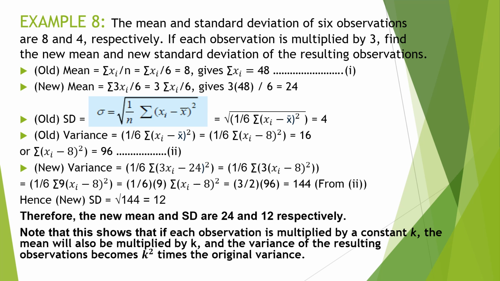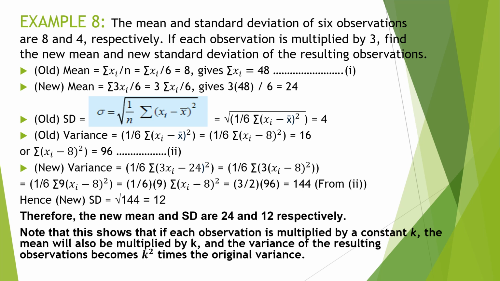So it is 1 upon 6 into 9 into sigma of xi minus 8 whole square. From the second equation, put this value as 96. So it is 9 upon 6 or 3 upon 2 into 96, which is 144. So the new variance is 144 and the new standard deviation will become root of 144, which is 12.